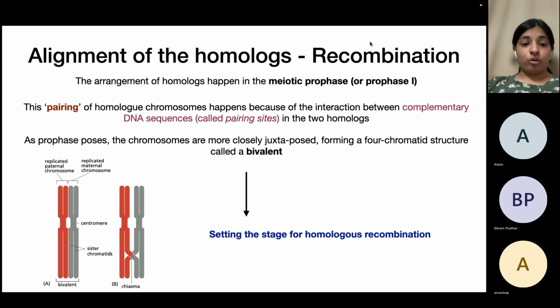This pairing of homologous chromosomes happens because of complementary DNA sequences, and these sites are known as pairing sites. There are certain proteins that are present in meiosis 1 that are absent in meiosis 2 or mitosis, because of which this does not happen in other cell cycles. It's very unique to meiosis 1. These proteins promote the association of the two homologs with each other and they get paired together.